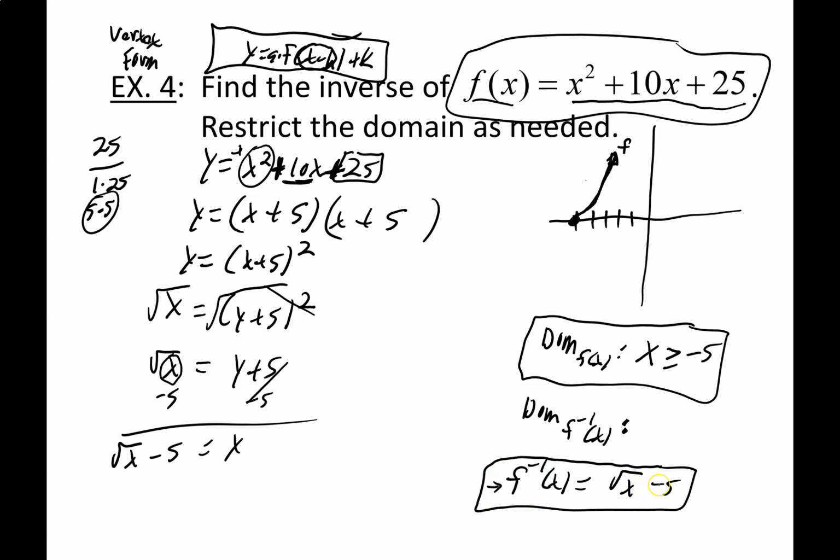Again, the minus 5 is not inside of the square root with it, so it's not a horizontal shift, but rather a vertical shift of down 5. And then the graph of the square root function does something like that.